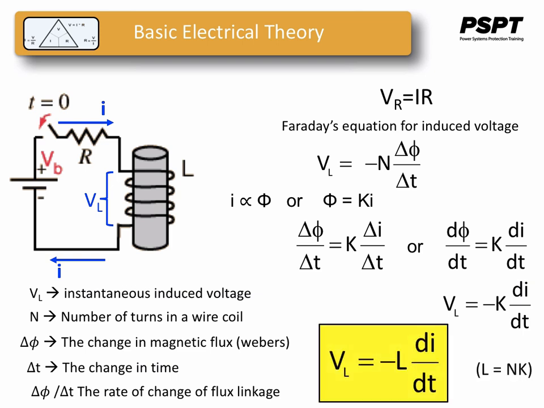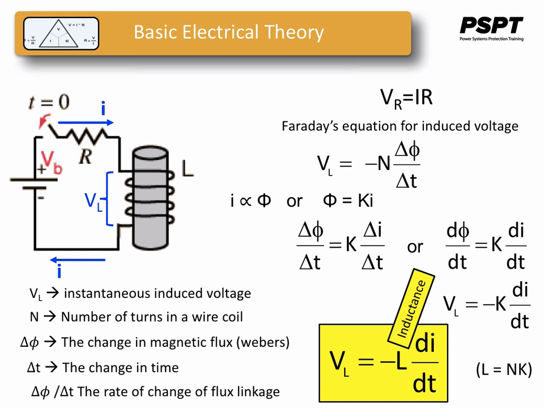And as I said, L would incorporate the constant plus the turns of the coil. Now, L is known as the inductance of the coil in the circuit, or the inductor, as we would call it.